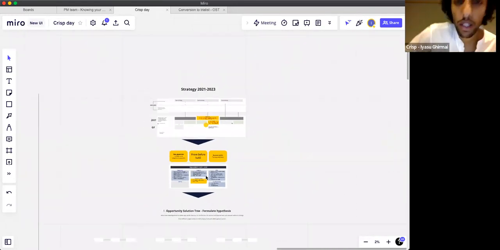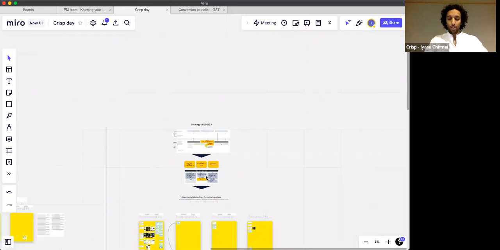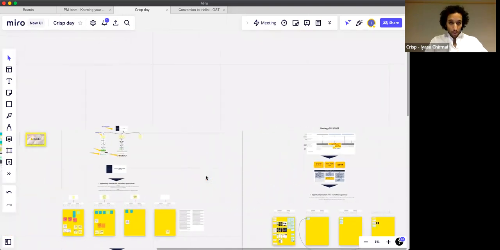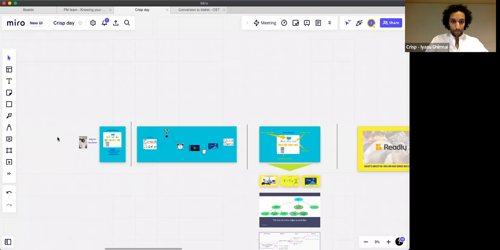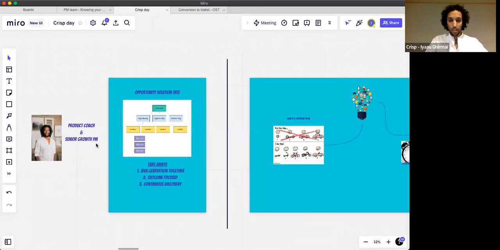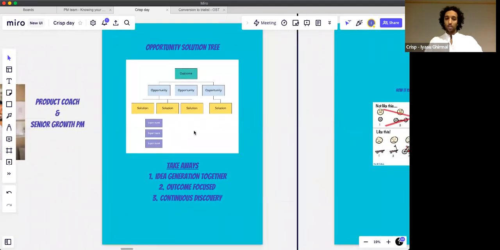So before I end, I just want to go back to the start and the takeaways here. The whole idea of why I like this framework is because it is idea generation together. It doesn't exclude anyone. It creates a more autonomous team, and you'll be able to get very quick feedback from developers to everyone else immediately.